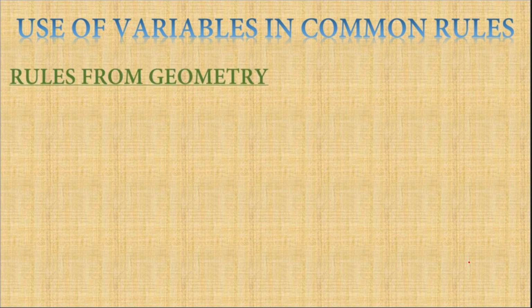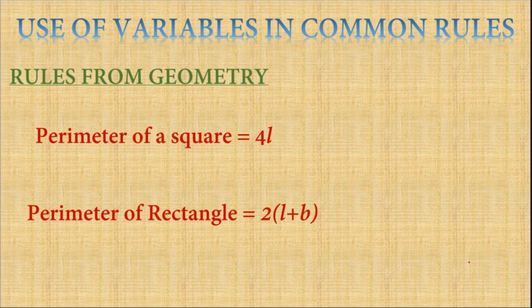Say in geometry, we write the area of different shapes, the perimeter of the shapes, say the perimeter of a square. How do we represent this? 4L. L is a variable. It's a varying value. Depending upon the length of the side, we substitute that particular value here to find the perimeter. Similarly, the perimeter of a rectangle, we write it as 2 into L plus B. L and B represent length and breadth.